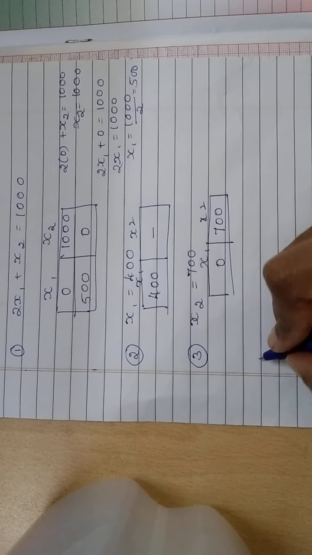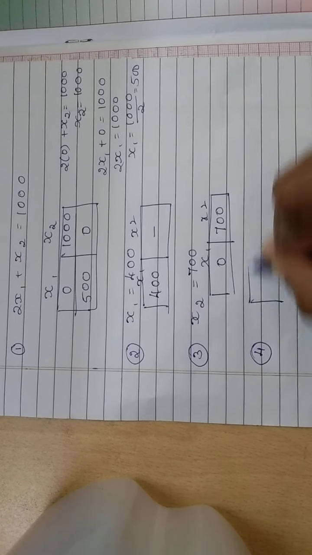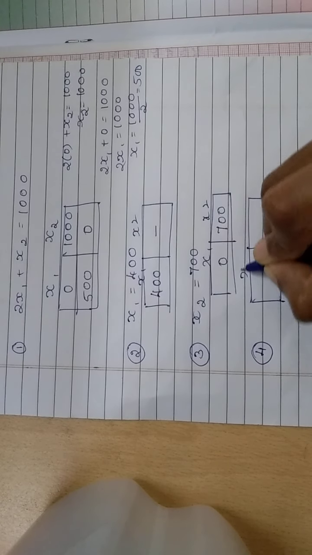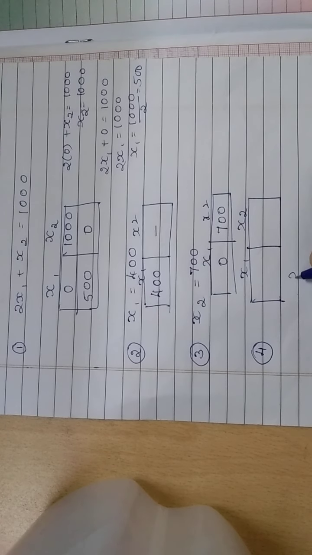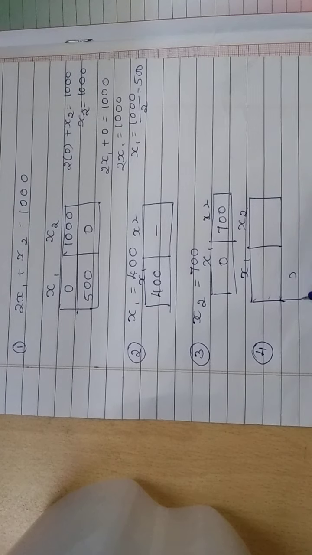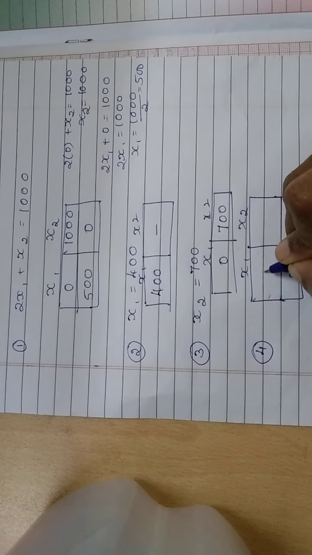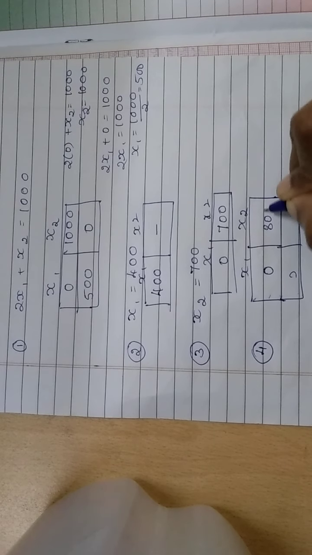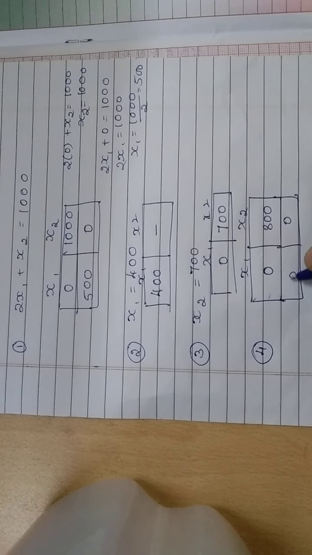Now finally with the fourth constraint, x1 plus x2, we first assign x1 to be 0, x2 will be 800, x2 is assigned to be 0 and x1 we get it as 800.